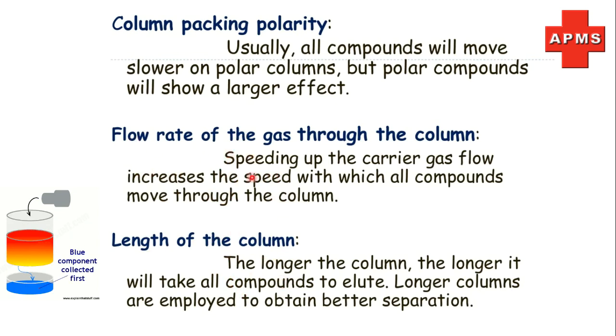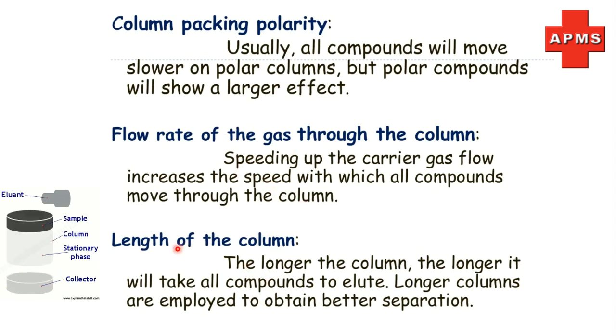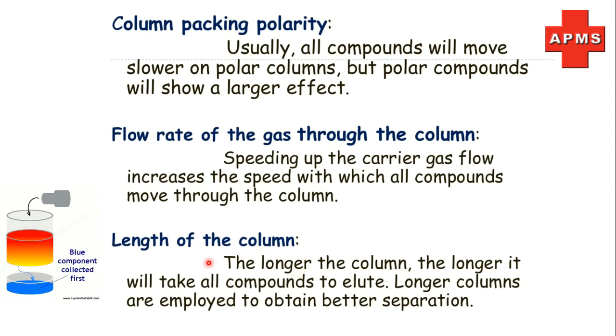If the speeds are very high, then we will not get good separation. Also, the length of the column decides the quality of separation. Generally, column lengths are very high, from 1 meter to 50-60 meters, and are chosen depending on the nature of the sample.